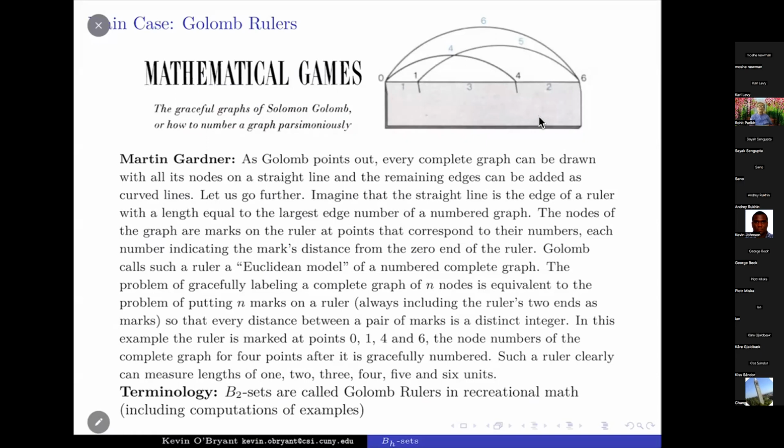So as Golem points out, instead of just reading it, let me paraphrase what he's saying. So he's wanting to represent the complete graph on n vertices, where you align the vertices on a straight line at integer points, and the edges you represent by how far, you can label by how far apart the vertices are.